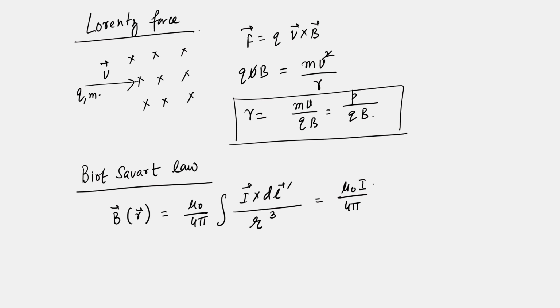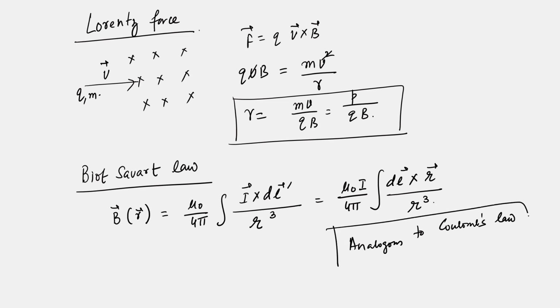If the current is constant, we can write it like this, as dl cross r divided by r cube, and this is analogous to Coulomb's law in electrostatics, in the sense that Coulomb's law gives the electric field, and the Biot-Savart law gives the magnetic field due to the charge distribution.